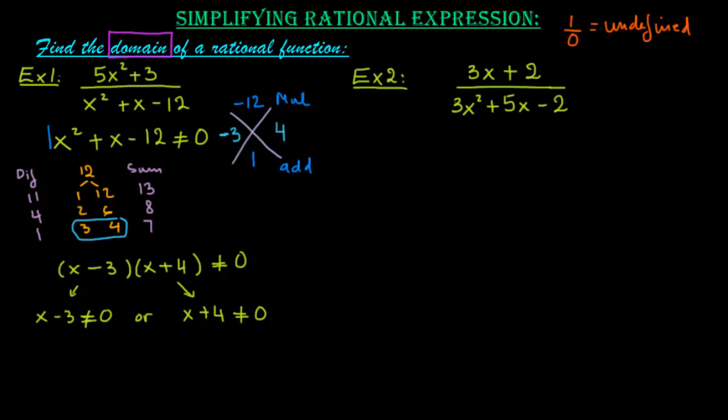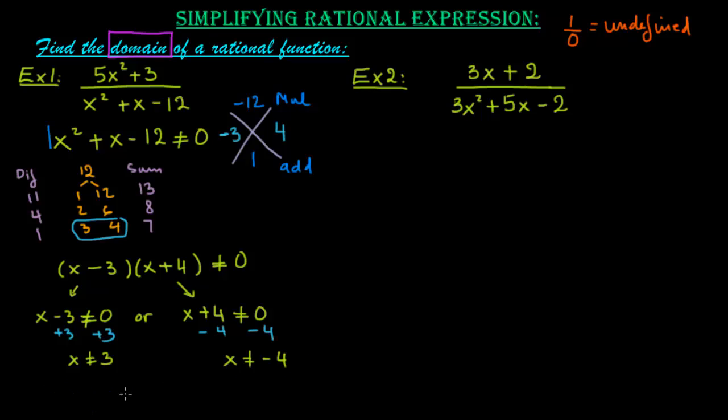We isolate x from both, so add 3 on both sides. That gives me x not equal to 3. And subtract 4 on both sides. That tells me x not equal to negative 4. So x cannot equal 3 and x cannot equal negative 4.